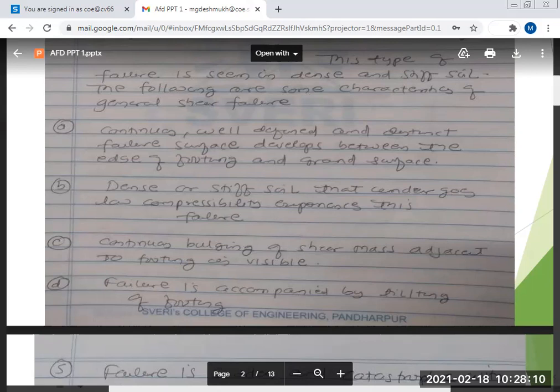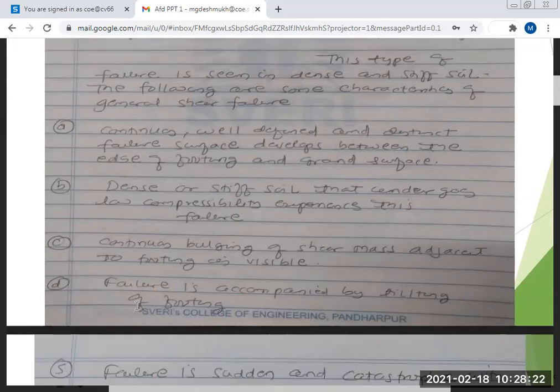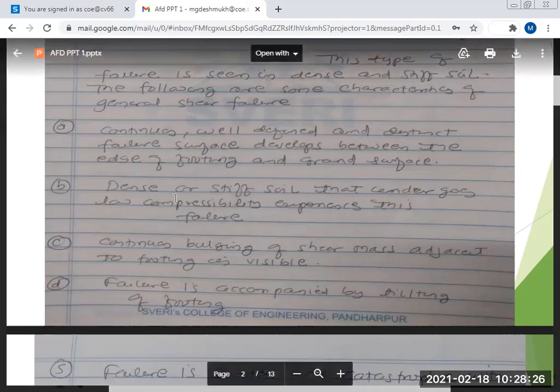It means a well-defined, nice failure surface you will get in case of general shear failure, which is not possible in case of local shear failure, as well as punched shear failure. Next, dense or stiff soil that undergoes low compressibility experiences this failure.